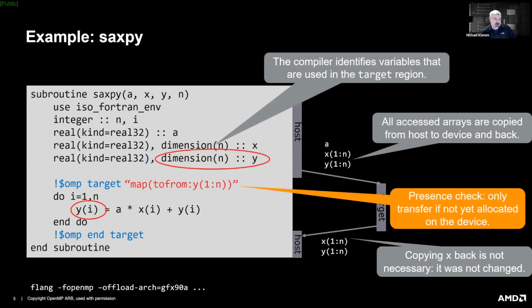All right, and then, if you're a Fortran person like I am, look at all the gray hair. The same thing happens essentially in Fortran, except that instead of curly braces, we have begin and end directives or block constructs. So the same thing happens when you augment the loop with target. That thing runs on the target device. The compiler figures out that Y is an array with these dimensions.